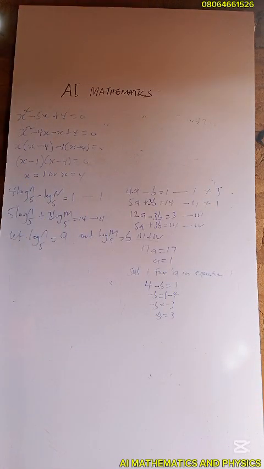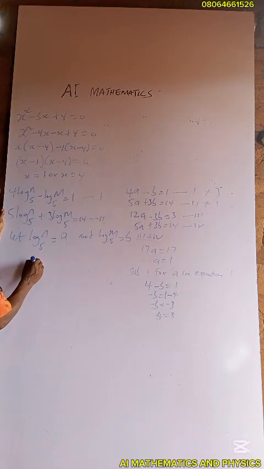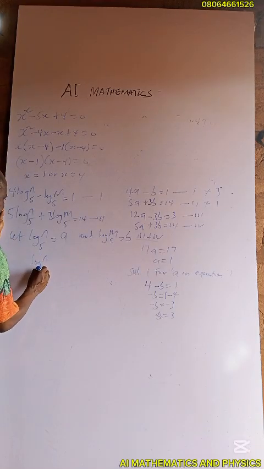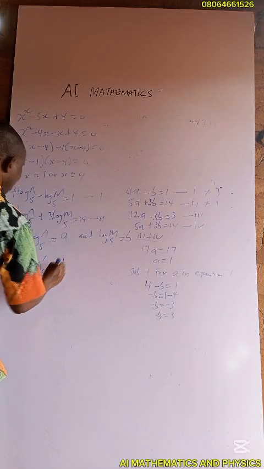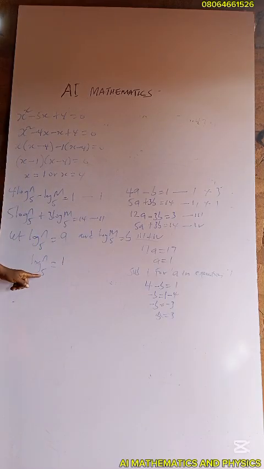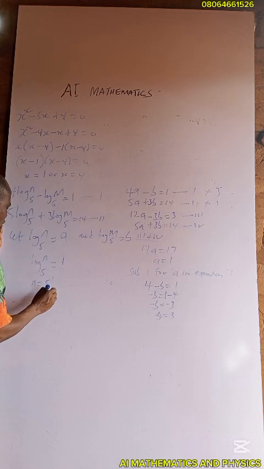But don't forget that log n base 5 is equal to a, and the value of a is 1, which means we convert this: n will be equal to 5 raised to power 1, which is 5.